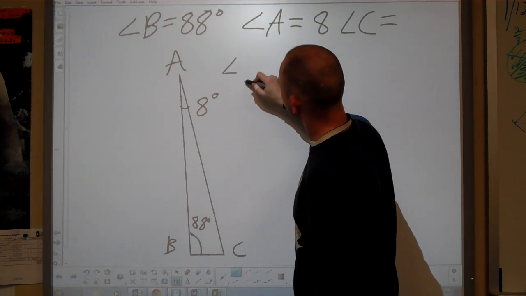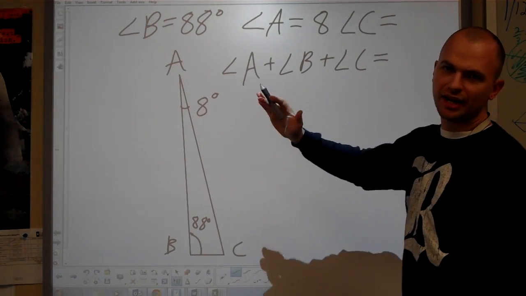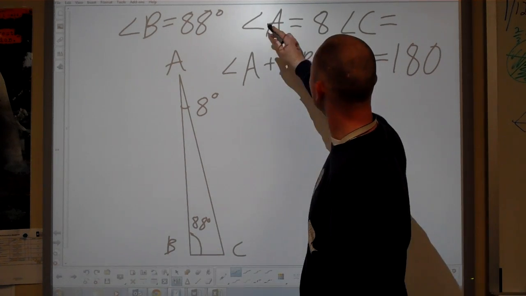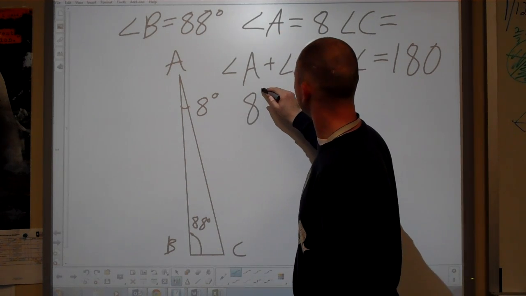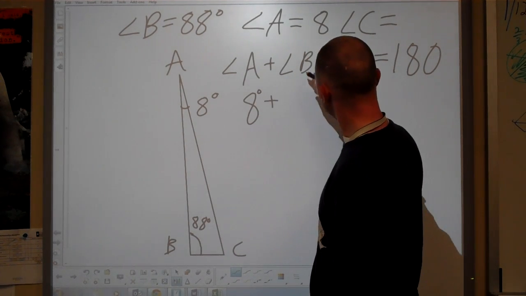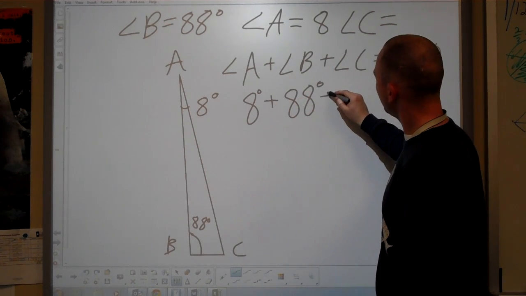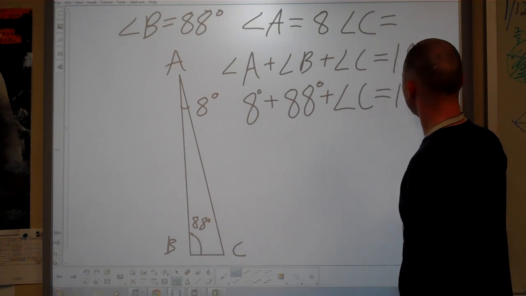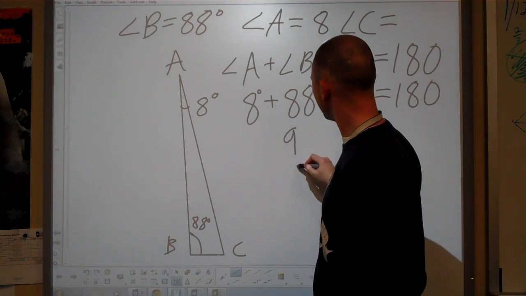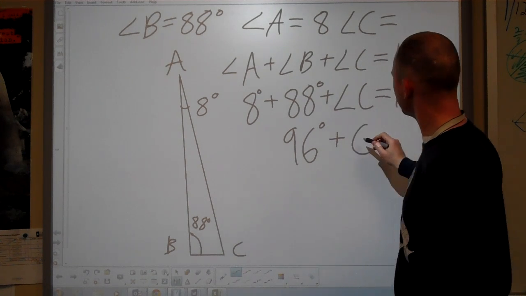Well, I know that angle A plus angle B plus angle C for any triangle adds up to 180 degrees. Okay, so angle A is 8 degrees, plus 88 degrees for B. So 8 degrees plus 88 degrees plus whatever angle C is equals 180. So 8 plus 88 equals 96.